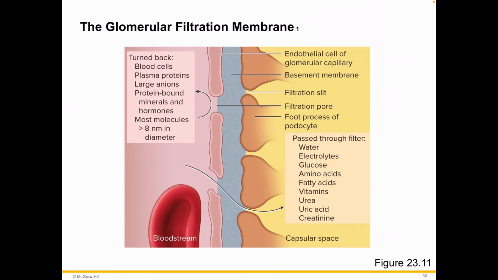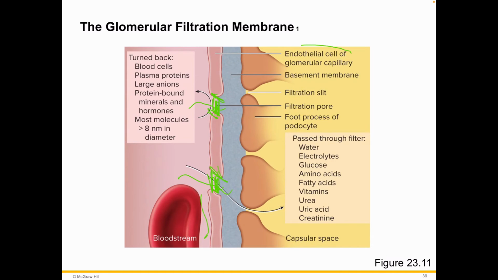Glomerular filtration membrane. This is going to be the intersection of where we have the actual capillaries that are fenestrated, and what that means is they have these gaps, right? They're not super big. They're not sinusoid big, you can't fit a red blood cell through, but you can definitely get some of that blood plasma in and out, right?